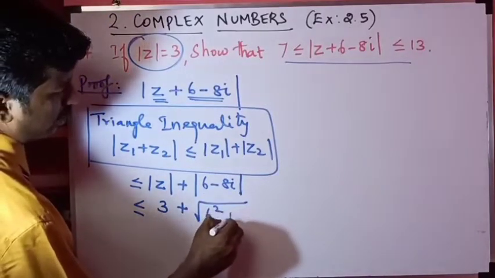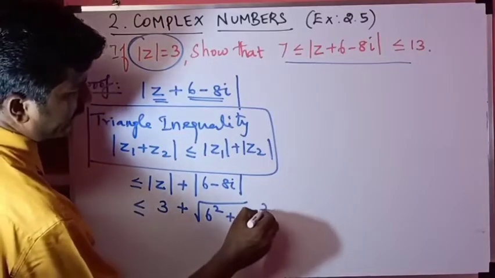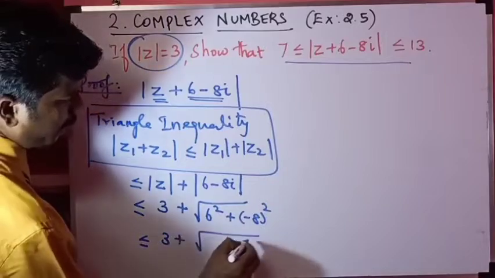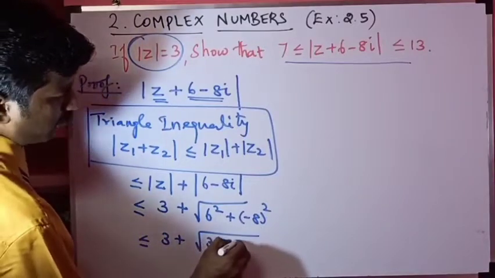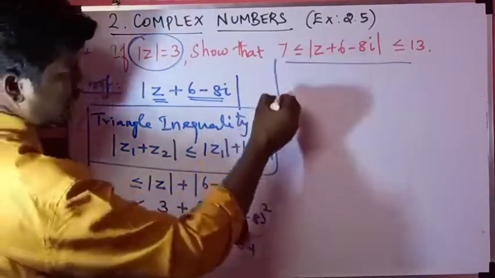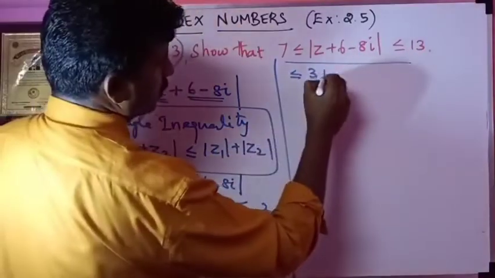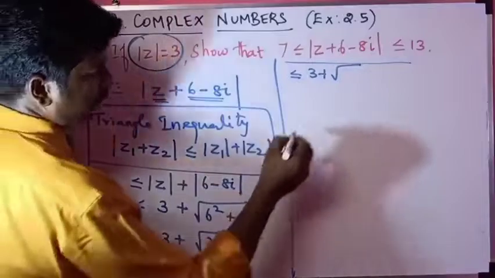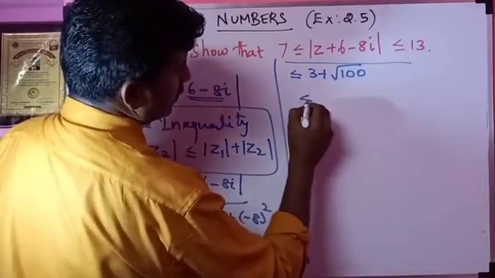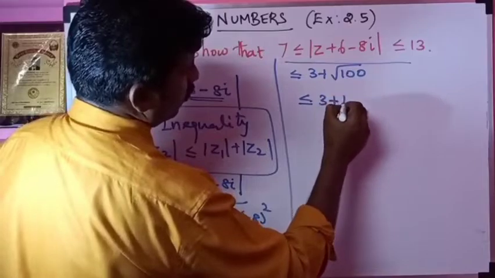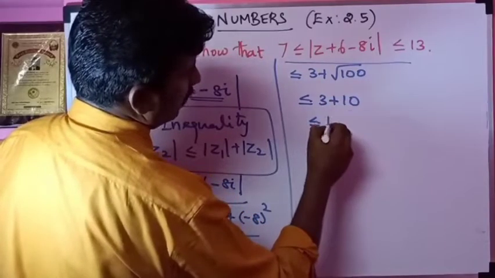The root of 6 square plus minus 8 the whole square, less than or equal to 3 plus root of 36 plus 64, which is 3 plus root 100. So root of 100 is equal to 10, which is less than or equal to 13.